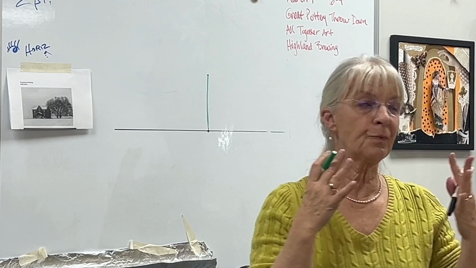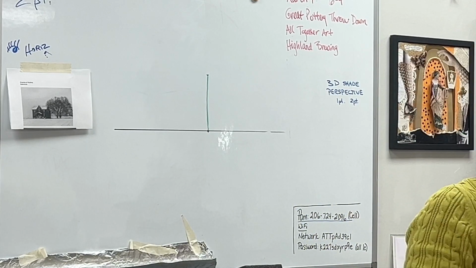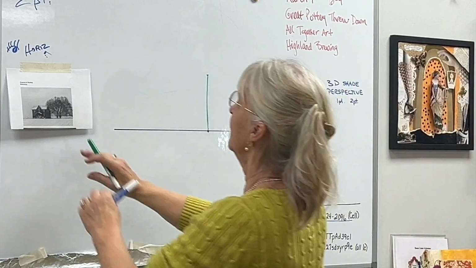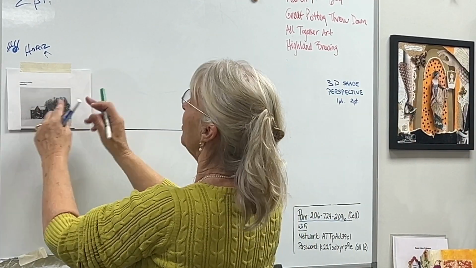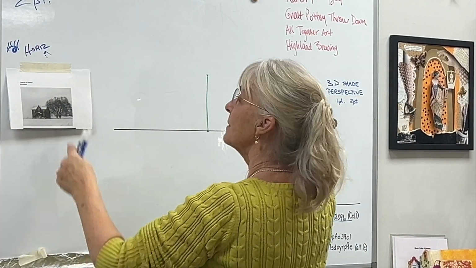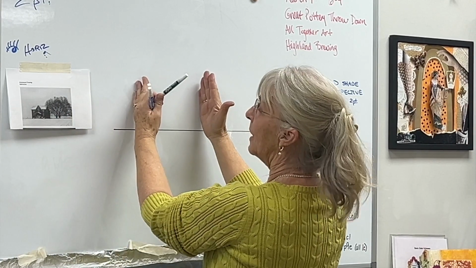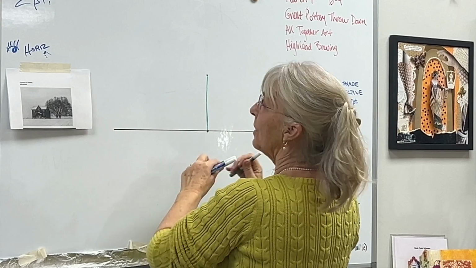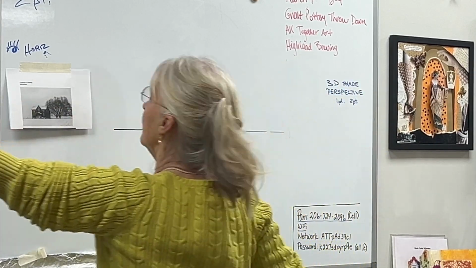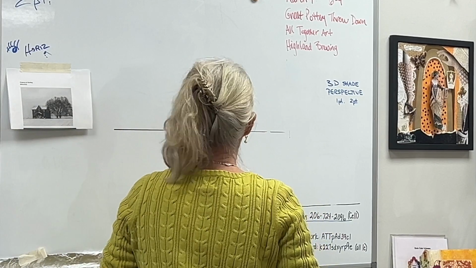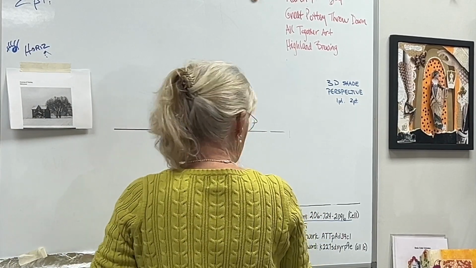So we're gonna look at the basic cube of the house, right? Ignoring the roofs, we're just looking at the cube of the house. It's almost straight on. So our vanishing point is gonna be way over here somewhere. So this angle is very slight.